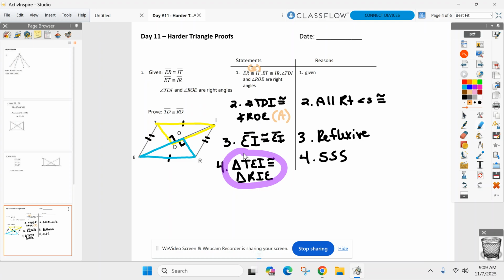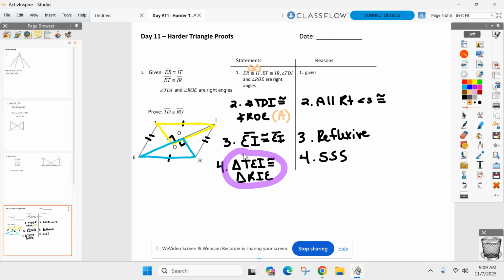I need you to find them. That pair that we just proved congruent by side, side, side, the big pair, has a pair of corresponding parts in common with the two we need, and that's going to be the third pair we were missing. All right, so I want you to search on your diagram right now.